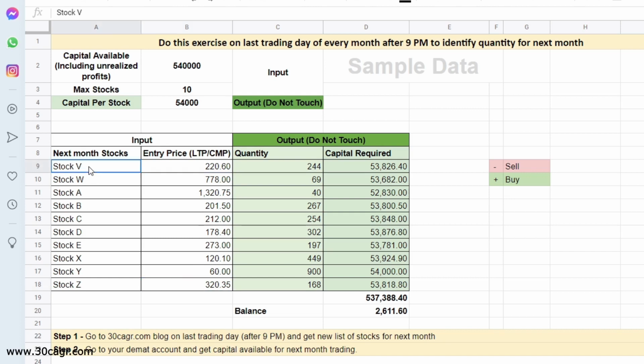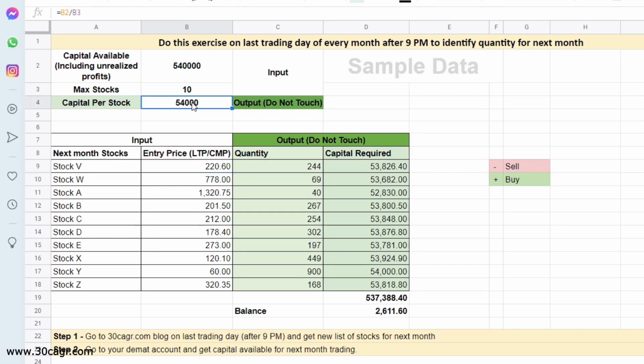Once you enter the next month stocks and the entry prices, which is the closing price of that particular day, you get the quantity here and the capital required for each stock. Let's say in this case, for stock V, the last traded price or the closing price is 220.6.